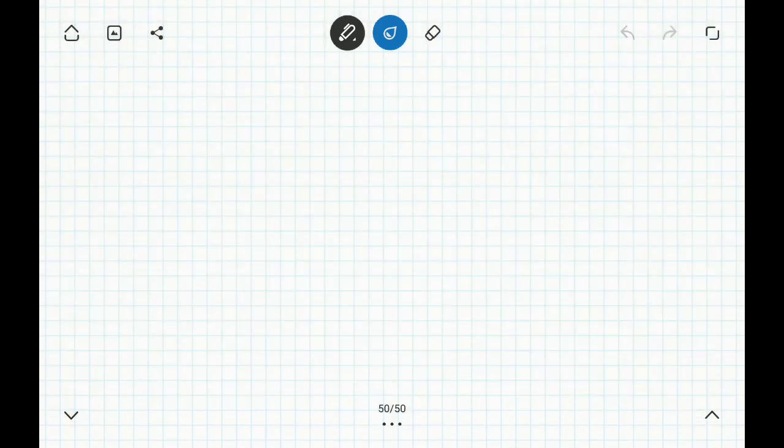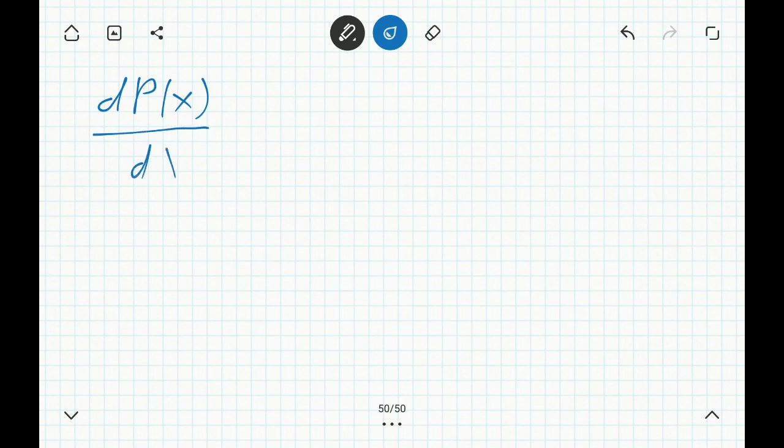But in general, the derivative of the probability with respect to x can be a function of x, and we call that function density.